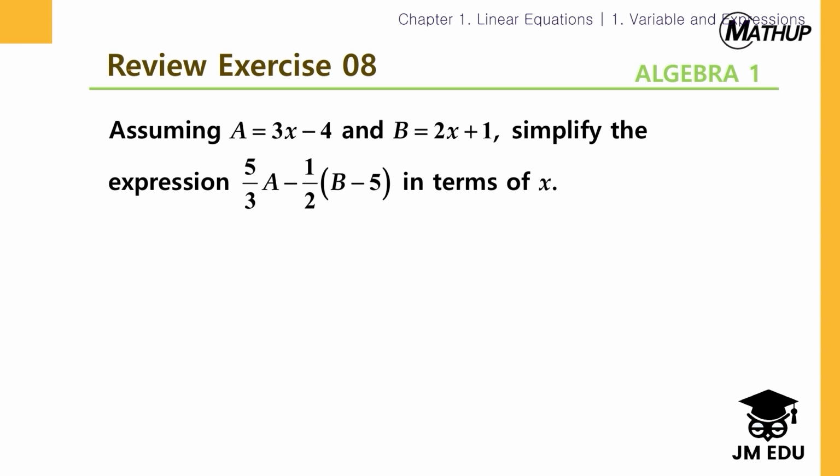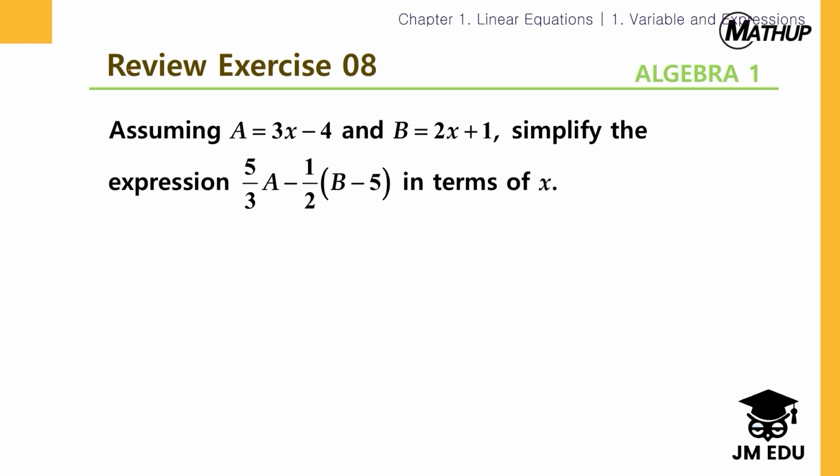Now, number 8. Assuming expression A is equal to 3x minus 4 and expression B is equal to 2x plus 1. It says simplify the expression 5 over 3a minus 1 over 2b minus 5 in terms of x. Our answer has to be in terms of x, right?